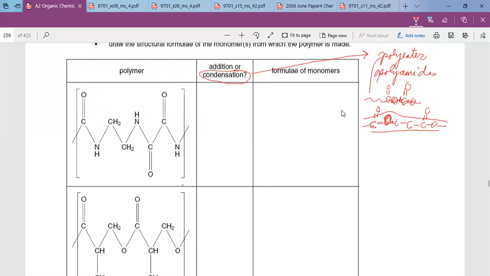Same thing with the amide: interrupted by N, H, and so on. Then there can be an N here, then an H here, and then a C. So along the main skeletal chain there will be a C and an N.